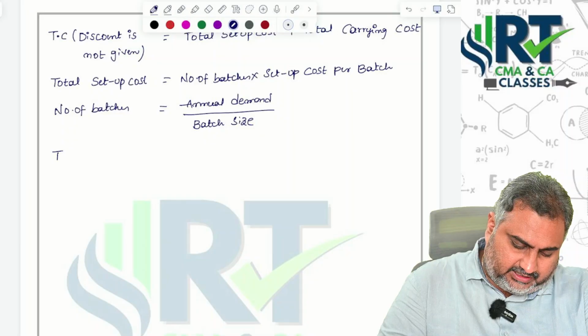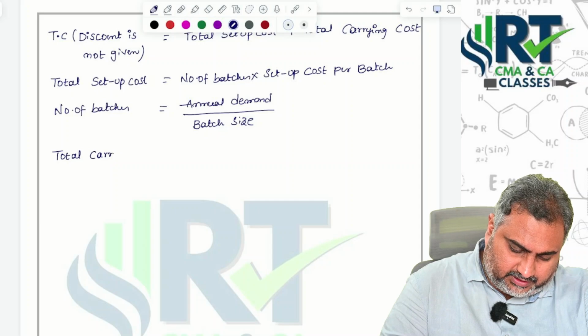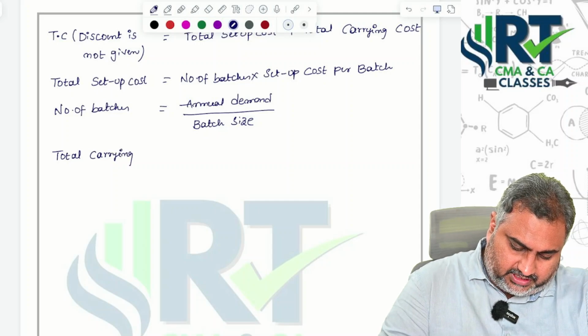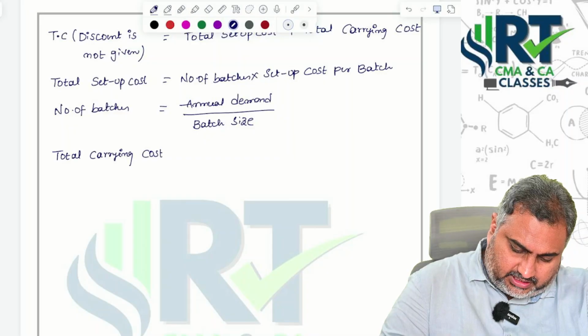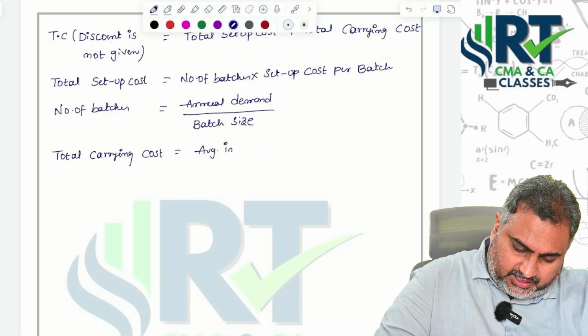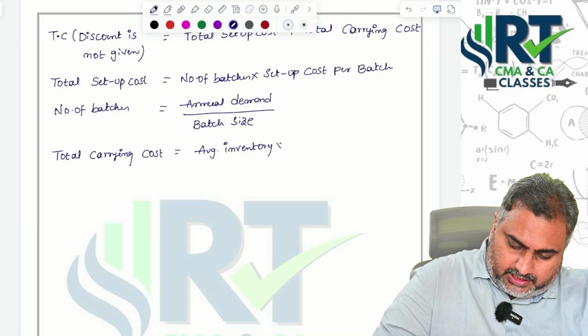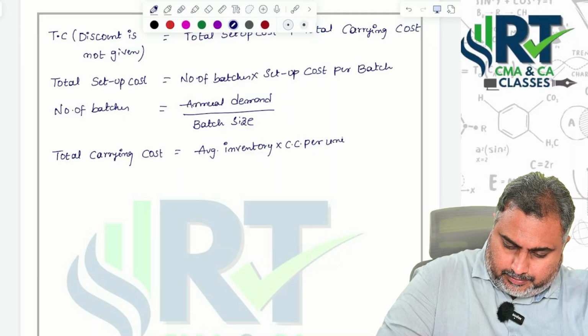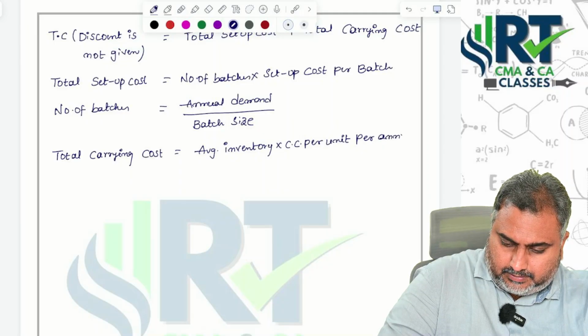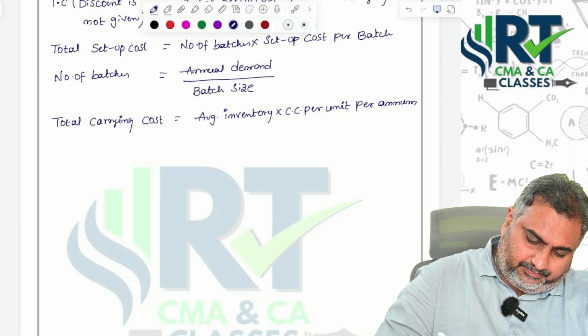And already we discussed total carrying cost or total inventory cost, whatever it may be. Total carrying cost equal to average inventory into carrying cost per unit per annum.